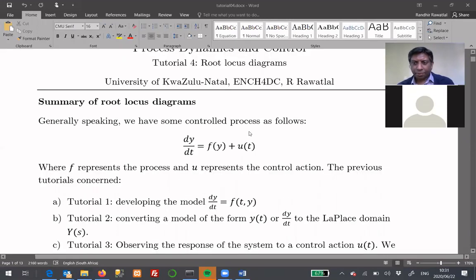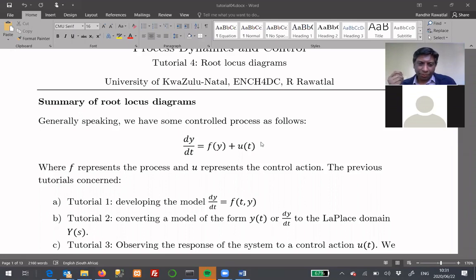So just as a reminder, in the last session, we were looking at our linear systems of equations like this. So our linear system had a constant times y, and then plus some control function here. So we were taking some control action, and usually that's something like a flow rate.